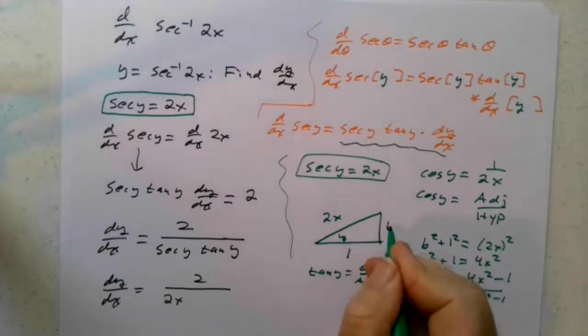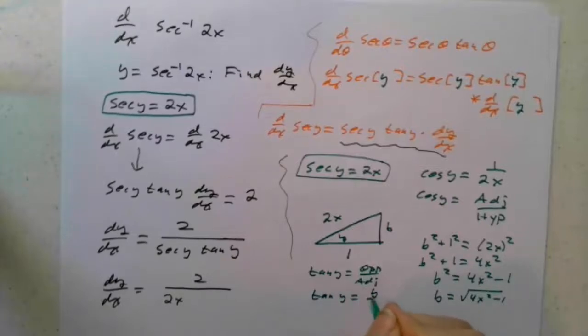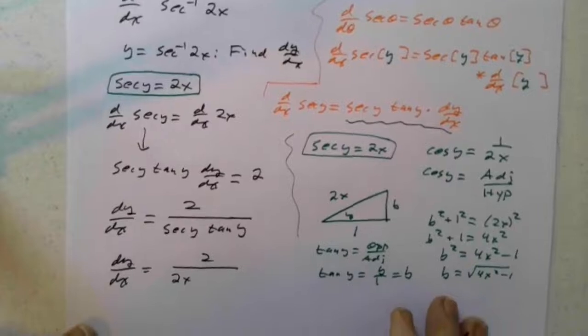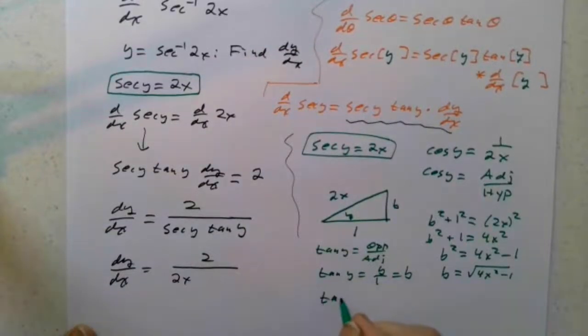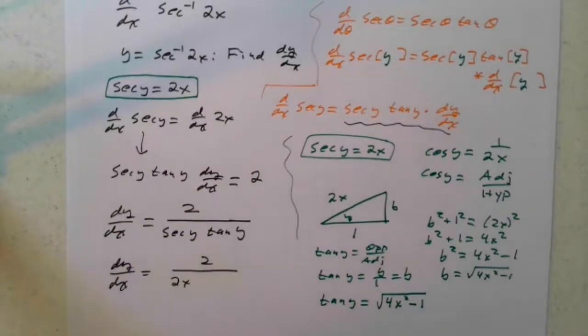So tangent y is b over 1. So tangent y is what we just figured out here. Tangent y is the square root of 4x squared minus 1. So replacing tangent y with the square root of 4x squared minus 1, we get this.